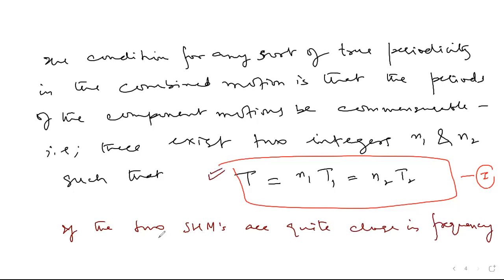Now the component motions are commensurable, so there is periodicity in the resultant displacement. And in addition to this, the SHMs are quite close in frequency.